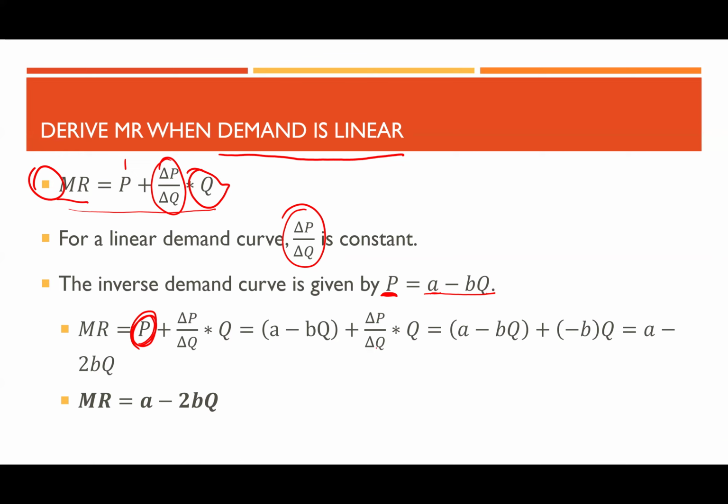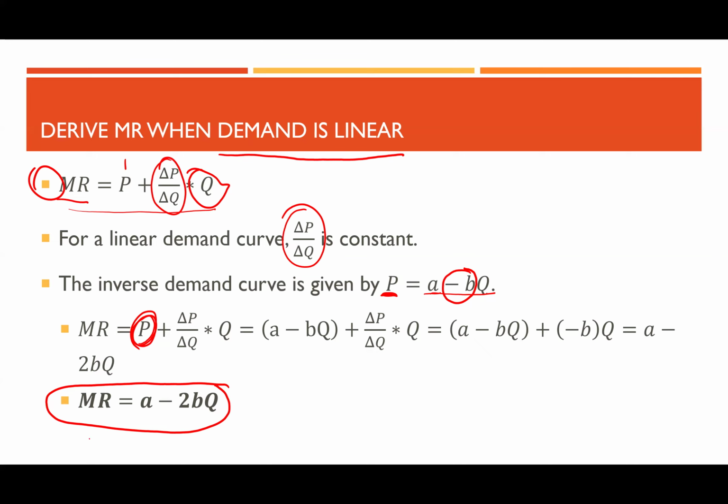And because we have linear curves, change in price over change in quantity is just the slope of our demand curve. So we're going to have negative B for both. And we'll have marginal revenue equal to A minus B times Q plus minus B times Q. So we can go ahead and combine like terms, and that gives us this equation of marginal revenue is equal to A minus 2B times Q.